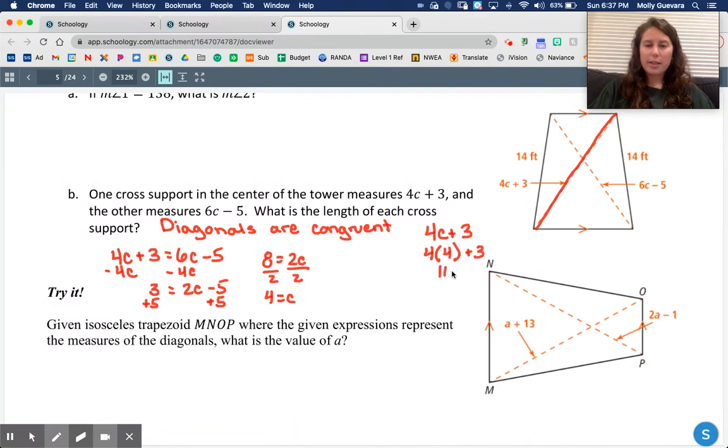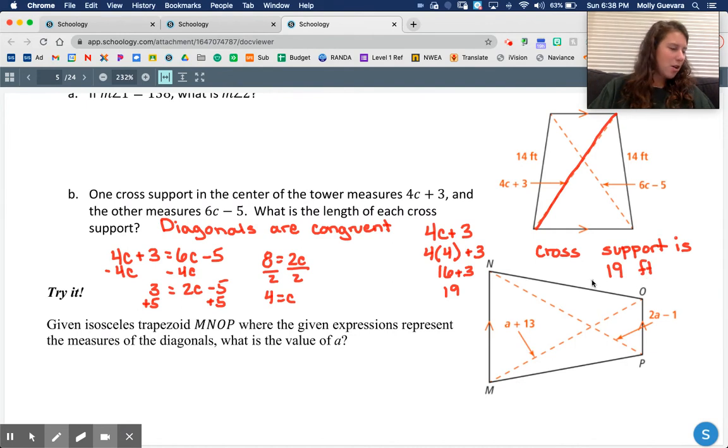I get 16 plus 3, which is 19. Okay, so the cross support is 19, and then don't forget units. In this case, it's feet. And I know that from the diagrams, right? This is 14 feet, 14 feet. So that tells me that my units is in feet.